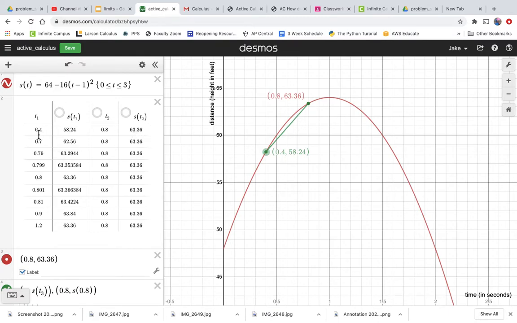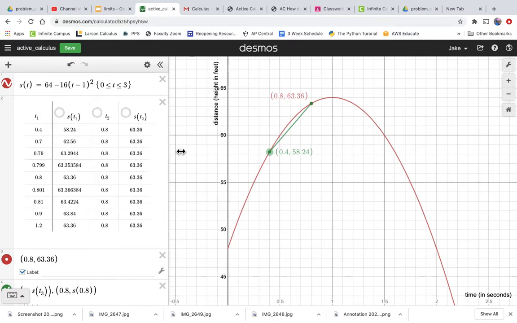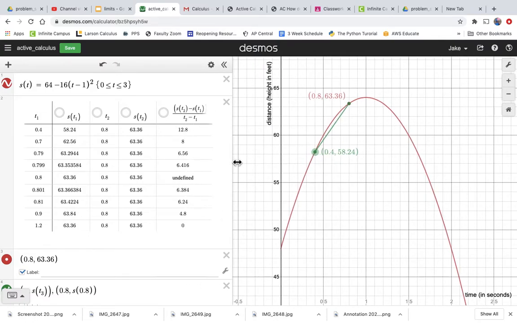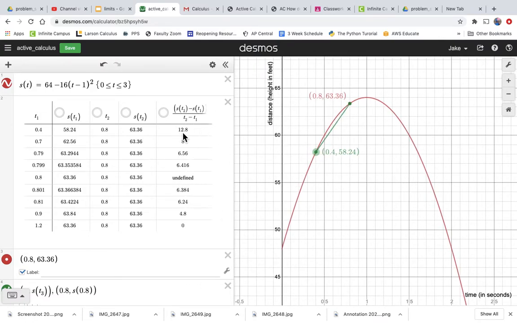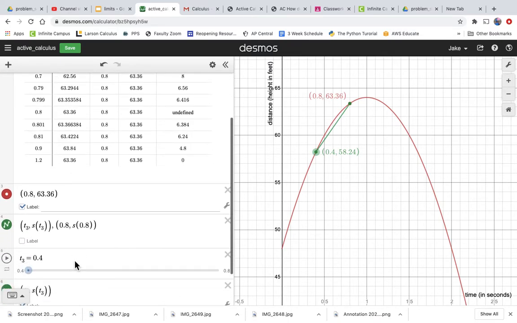And over here we have time 1, which right now is 0.4 seconds, and the height is 58.24. And we also have this calculation of velocity. As we saw in the previous video, the average velocity on the interval 0.4 seconds to 0.8 seconds is 12.8. But we want to get a better approximation.